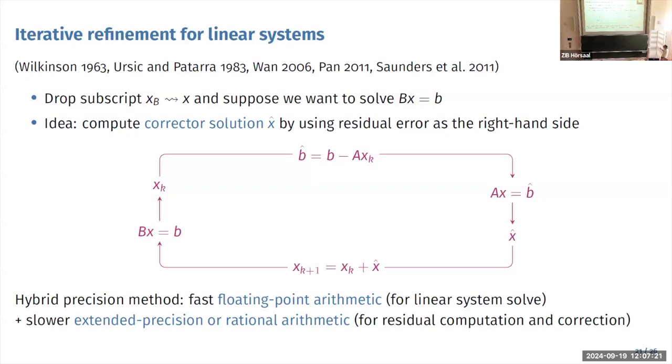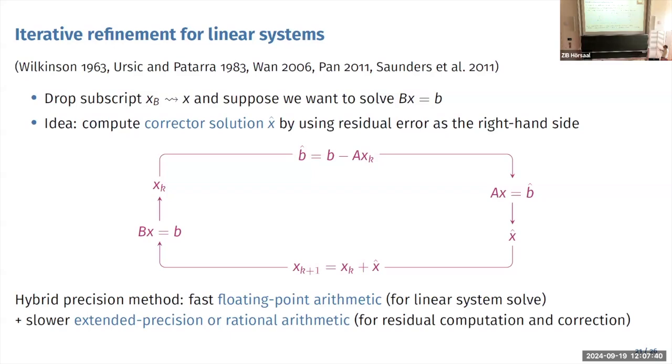Then you get a new solution, which is a kind of corrector solution. If you add this x hat to your initial solution, then the violation will decrease. So this is a loop that you can iterate.